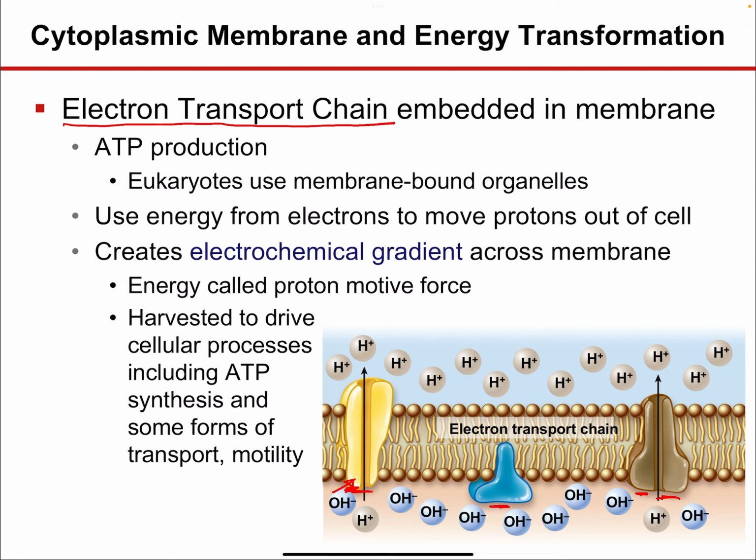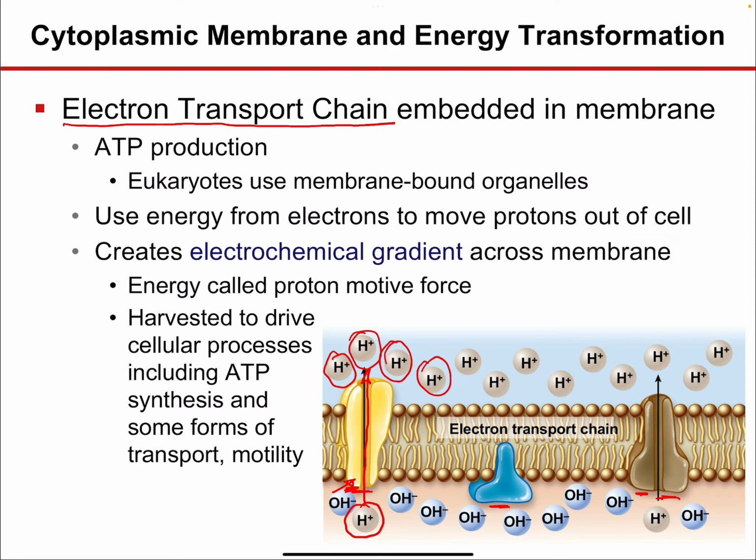And as a consequence of that, we are going to see a net movement of hydrogen ions from the inside of the cell toward the outside of the cell. Okay? So we have a lot of hydrogen ions that are going to cross the plasma membrane.